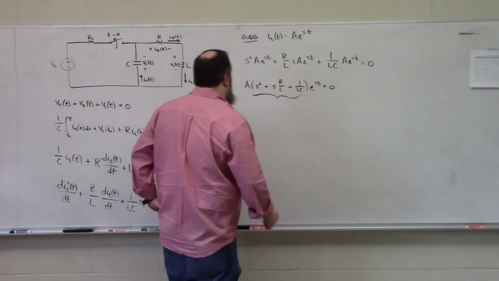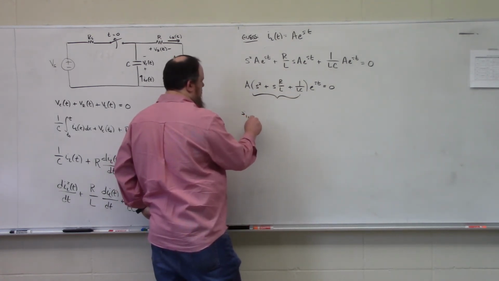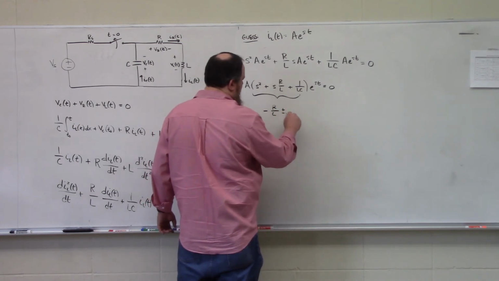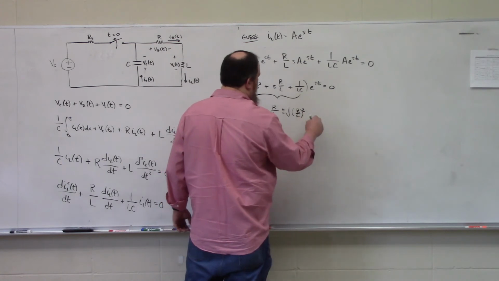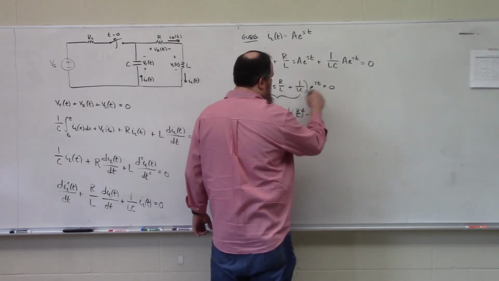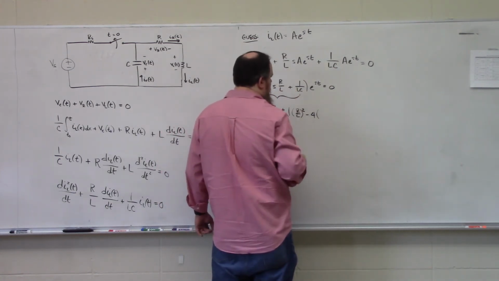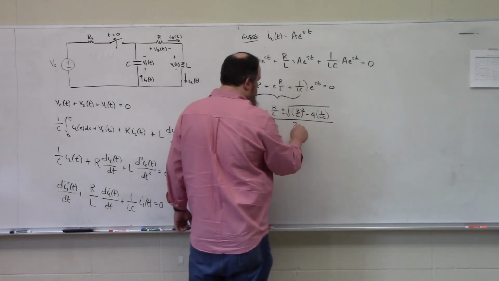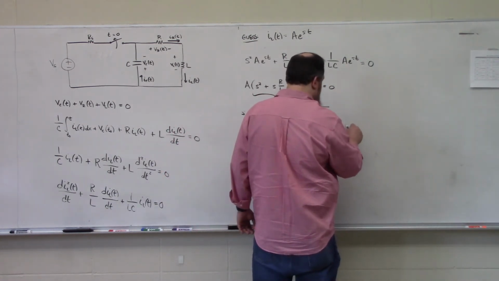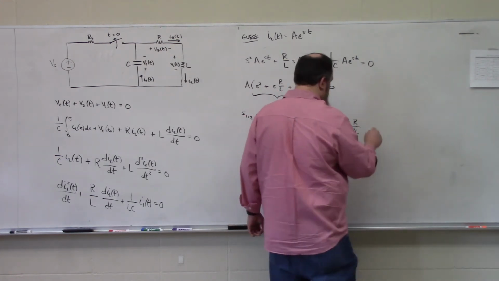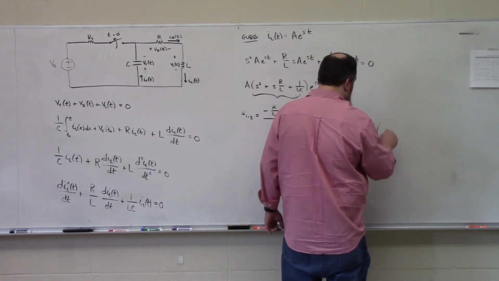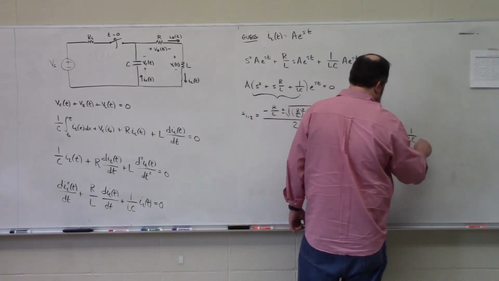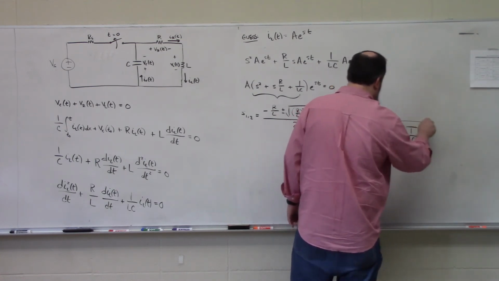So using the quadratic equation to solve it, we should find that S1 and S2 are simply negative R over L plus or minus the square root of R over L squared minus 4 times the coefficient of the s squared term, which is 1, times the coefficient of the constant term, 1 over LC, divided by 2, which is going to give us negative R over 2L plus or minus the square root of R over 2L quantity squared minus 1 over the square root of LC quantity squared.